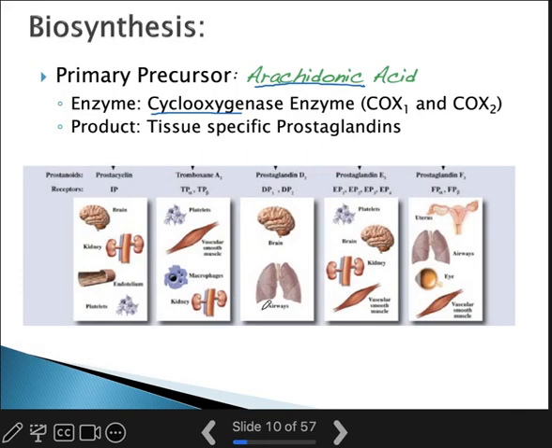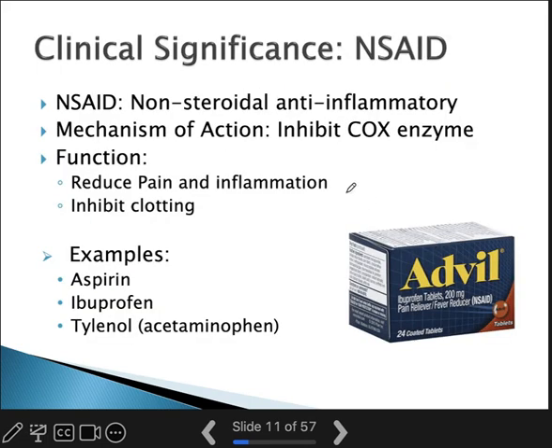All right, so again, we're going to see that the prostaglandins, once they're produced, are going to have a wide range of different effects. So let's just look really quickly at some of the clinical significances for our prostaglandins. Many of you have heard of NSAIDs, which are non-steroidal anti-inflammatory drugs that we can use to help alleviate some of the symptoms of inflammation and pain.